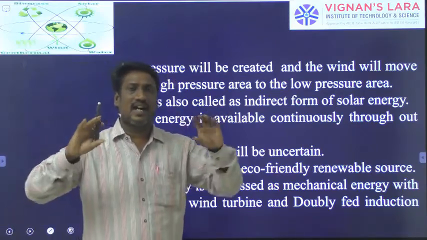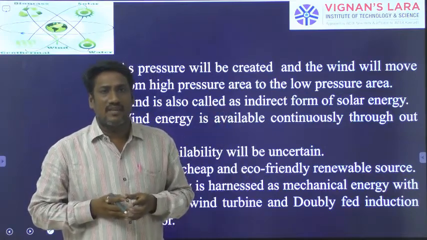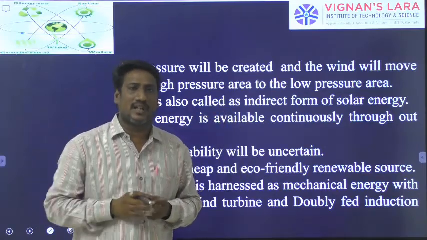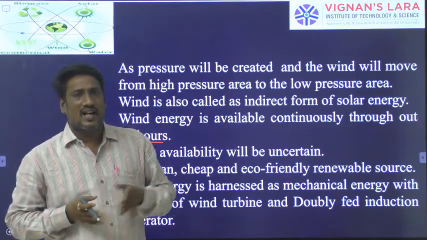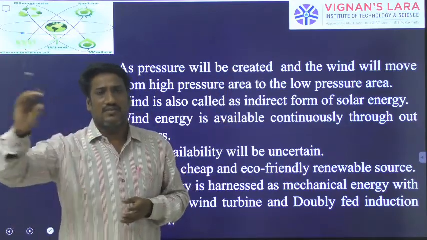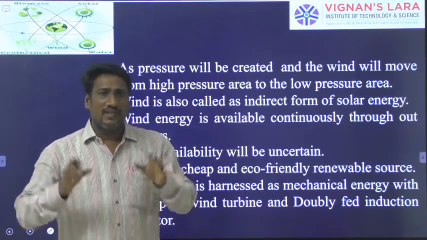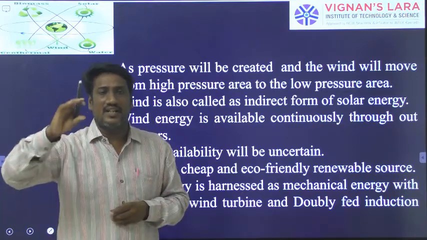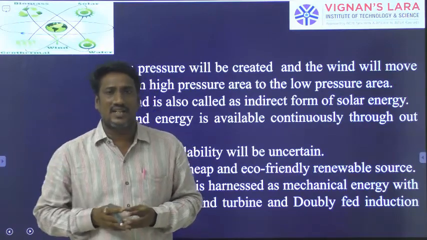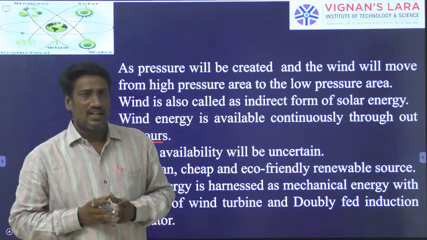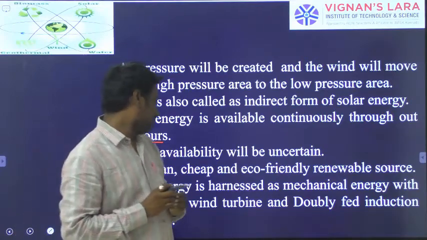But the problem with wind energy is that its availability is uncertain. Sometimes its magnitude is more, sometimes less, which is purely based upon the temperature difference. If there is a high temperature difference, high pressure will be created, and the wind also blows with a very high speed. So the speed and strength of the wind continuously vary, which is the main drawback.